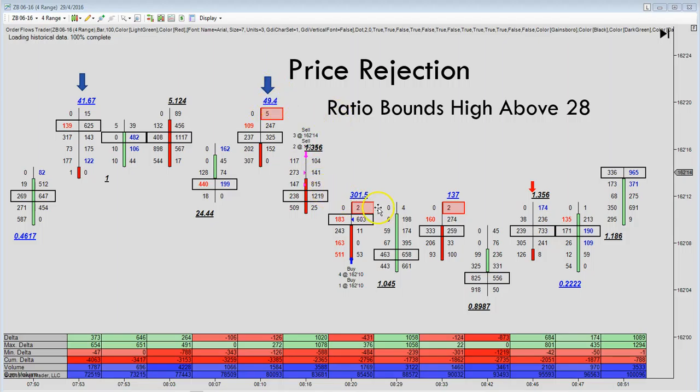No, it's a ratio. And that's important because it takes into account the volume that's being traded up here or down at the bottom of a bar. So it doesn't really matter whether it's 300 or 49. What matters is it's above 28. Whether you see 300 or you see 49, I treat it the same.